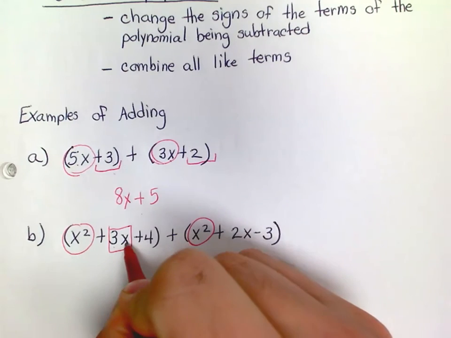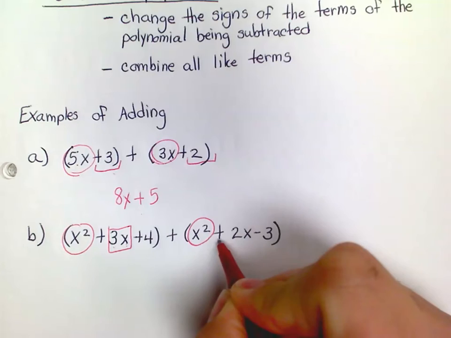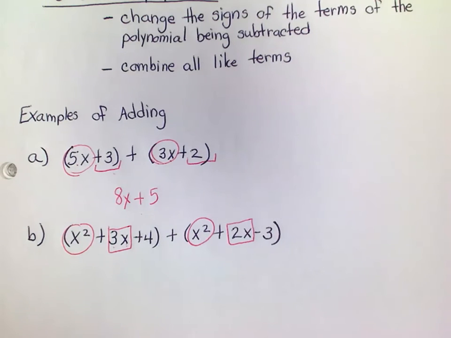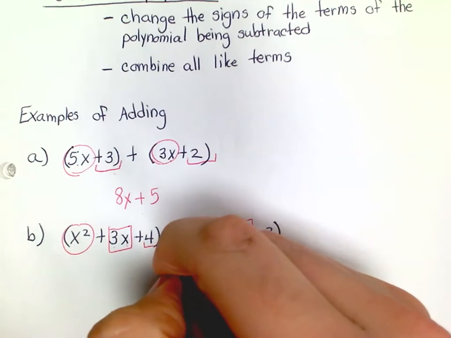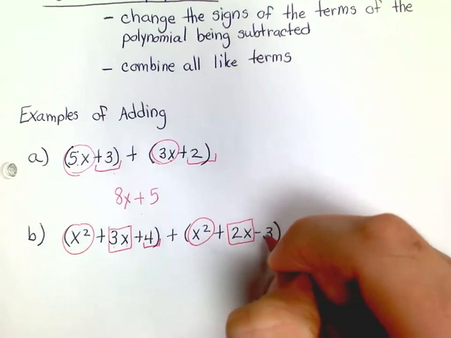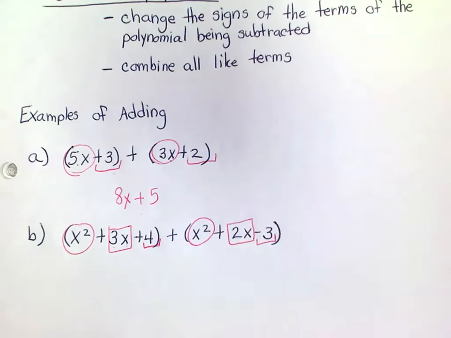So we box the 3x, and that stuff that just has a plain x in there, there's a 2x. And anything that does not have a variable, we're just going to put an underline. So we underline 4, and we're going to underline the negative 3.